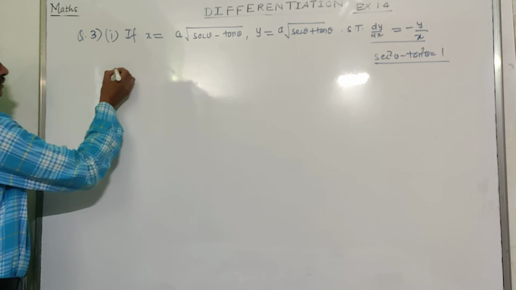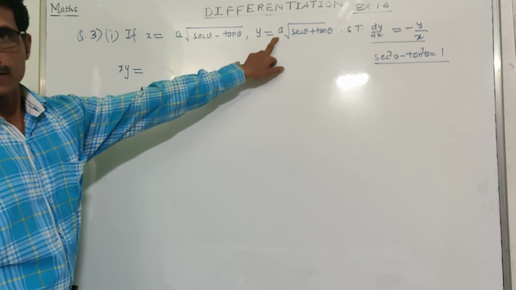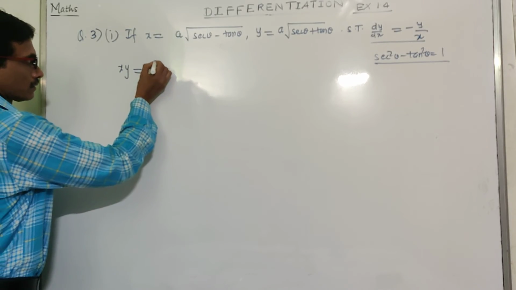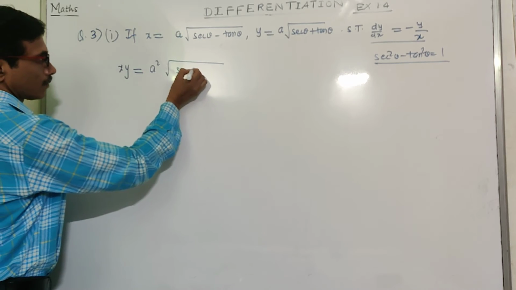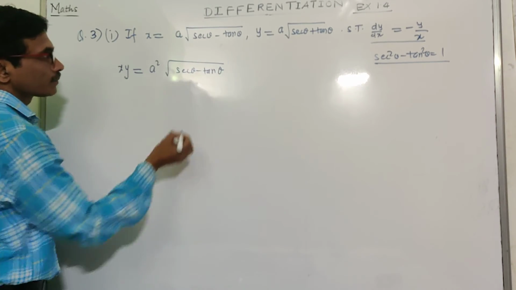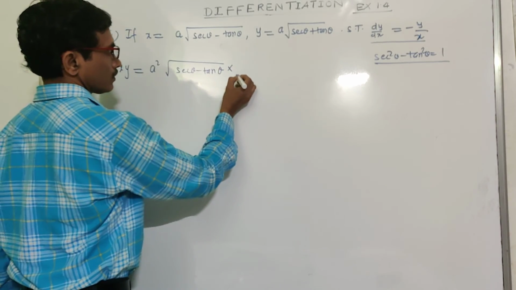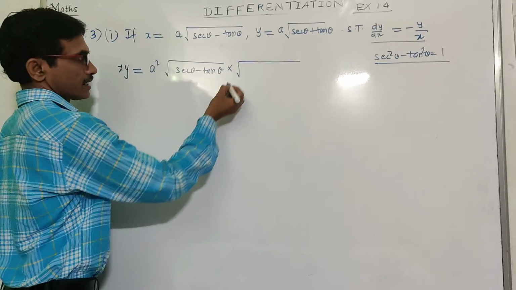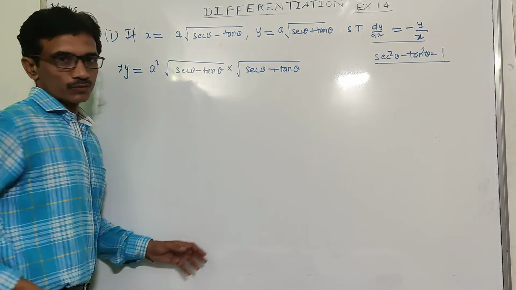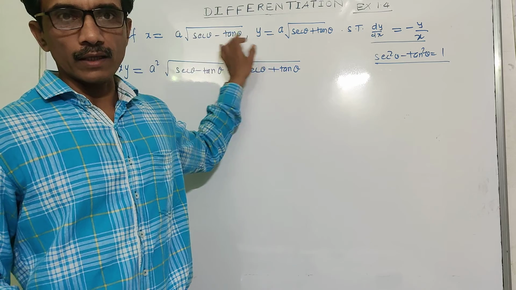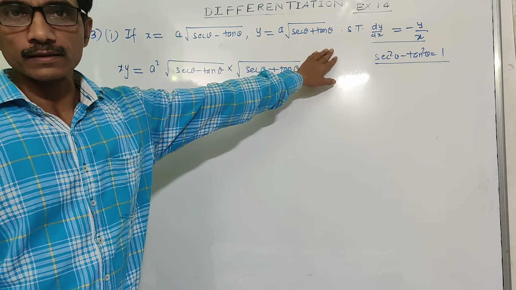So how is it? x into y gives us a into a, that is a square, root of sec theta minus tan theta multiplied with root of sec theta plus tan theta.